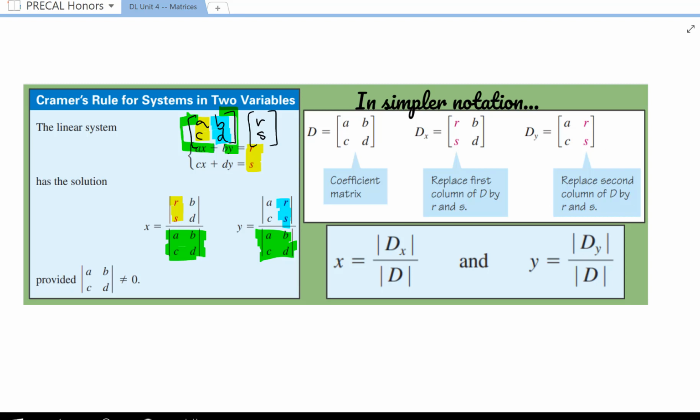This made the most sense to me and was the easiest to remember: x is equal to the determinant of the x matrix, the one where you replace the x's, and y is equal to the one where you replace the y's, both of them dividing the determinant of the coefficient matrix. Woo! Okay, it sounds complicated, but it's actually pretty cool and not too hard, especially if you watched my last video on how to find determinants. If you don't know how to find determinants, you're going to be super lost.